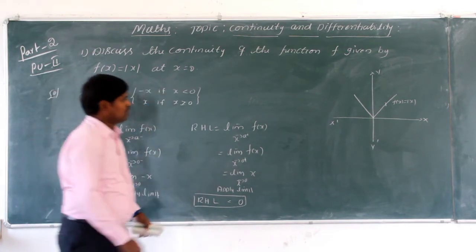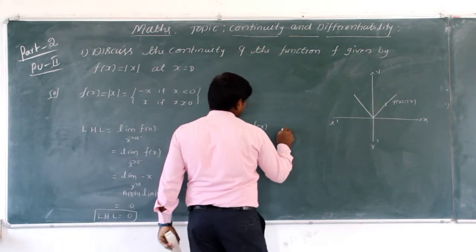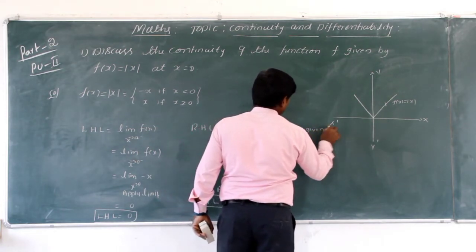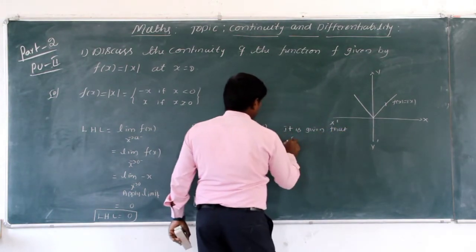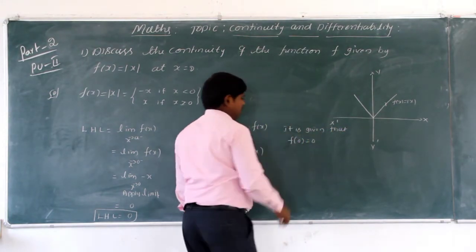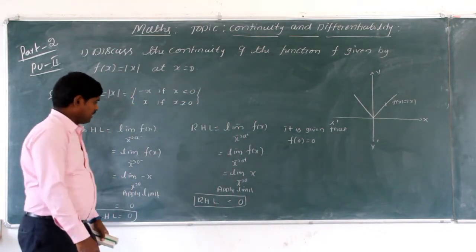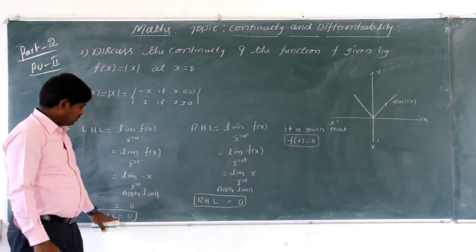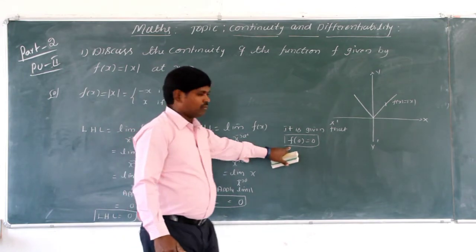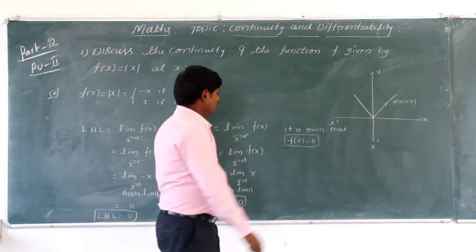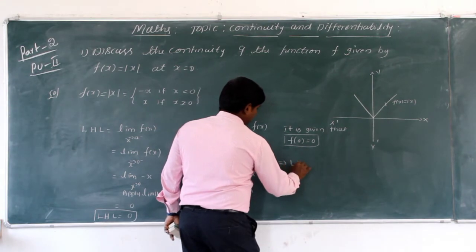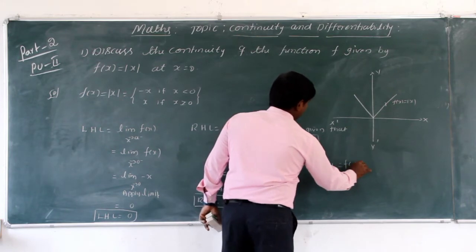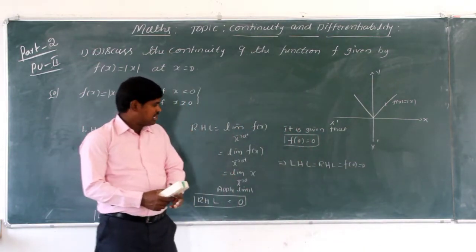By the definition, it is given that f of 0 is equal to 0. So here all three values are equal: the left hand limit, the right hand limit, and the value of the function are all 0.